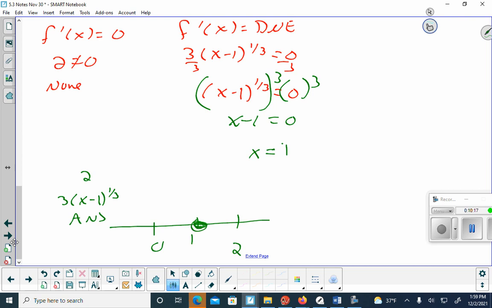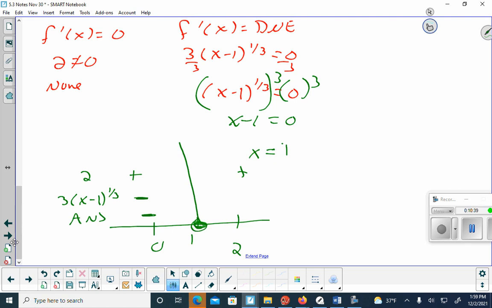So if I put in 0, this 2 is never going to change, right? It's always going to be positive. So when I put in 0, I'm going to have -1 raised to the 1/3 power, which is going to be negative. So my whole answer is going to be negative.